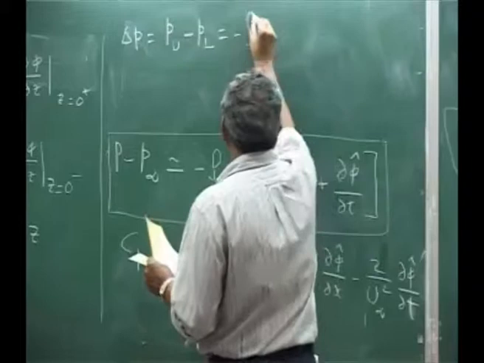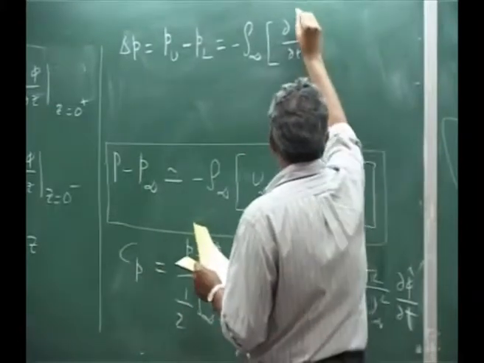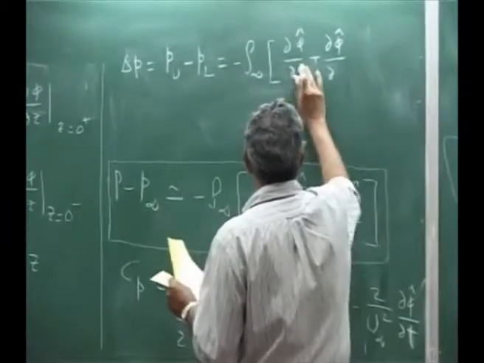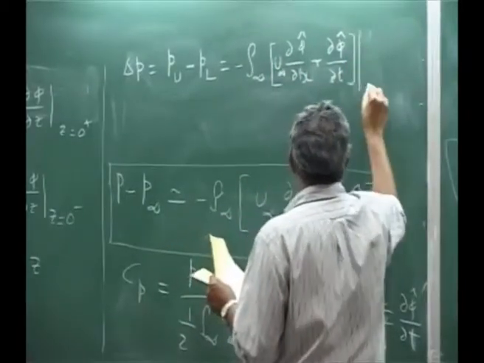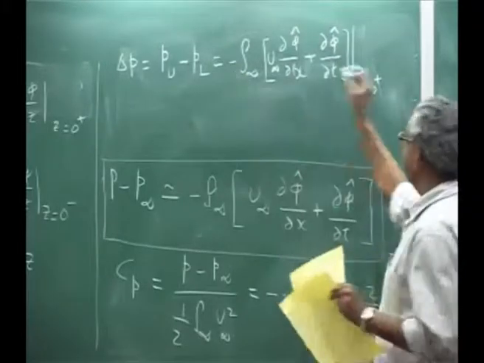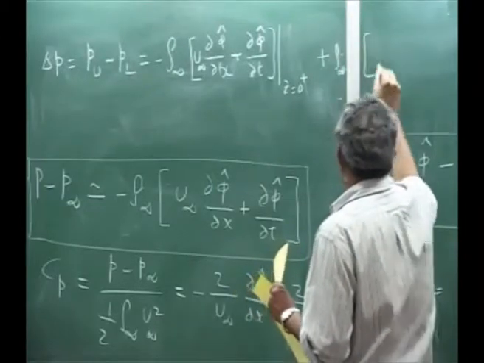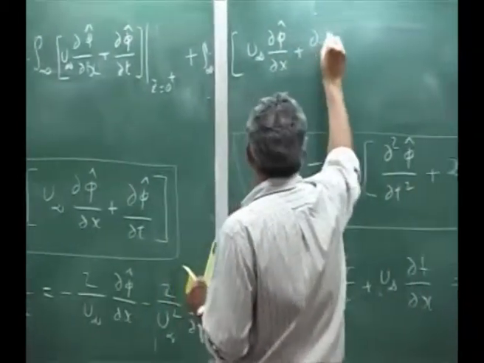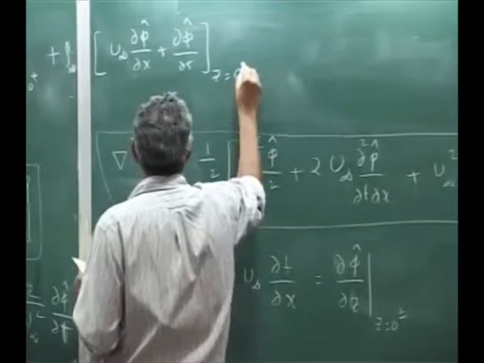You will have minus rho infinity delta phi over delta T plus U infinity delta phi over delta X, at Z equal to 0 plus, minus of minus, so I will get plus, rho infinity U infinity delta phi over delta X plus, at Z equals 0 minus.